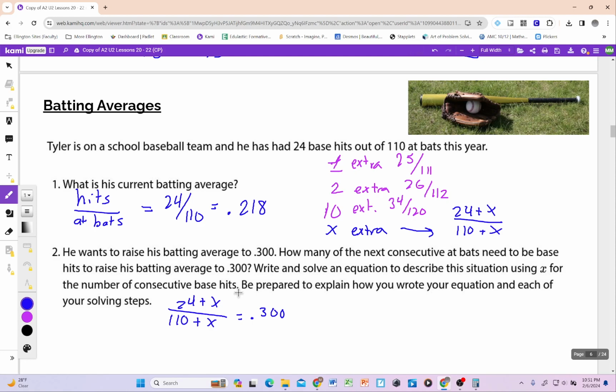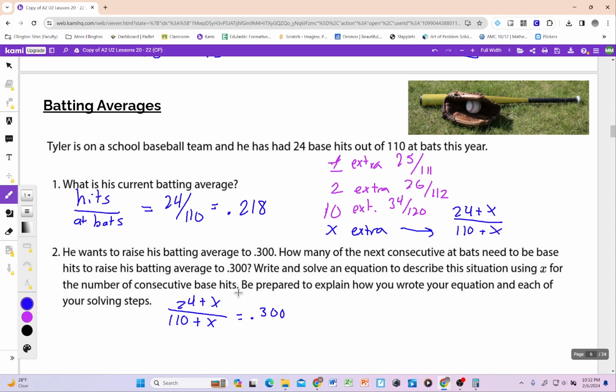So in this particular case, again, we want to get rid of the denominator, right? We want to pull x out of the denominator to solve. Now, question: can the denominator be 0 here? That's the one thing we want to try to avoid. In order for the denominator to be 0, x would have to be negative 110, and we can't have negative extra hits.